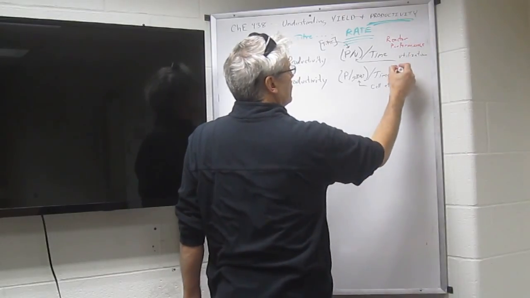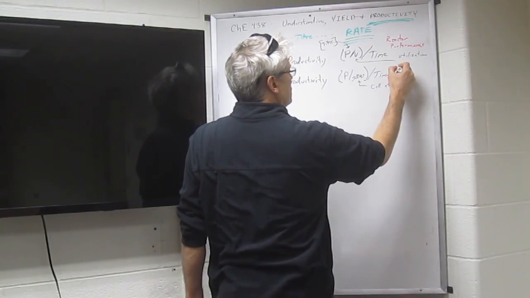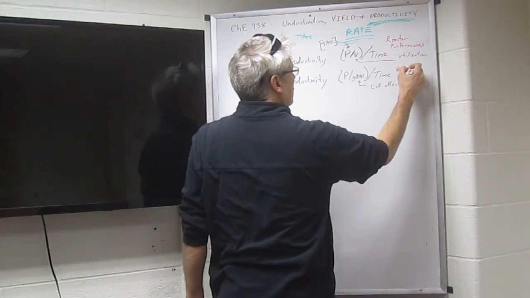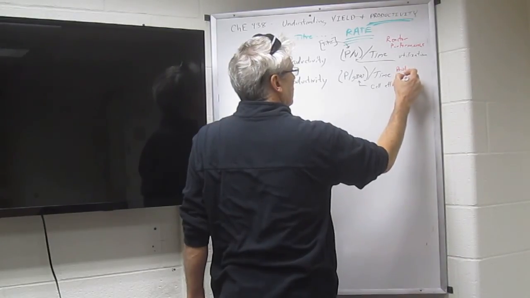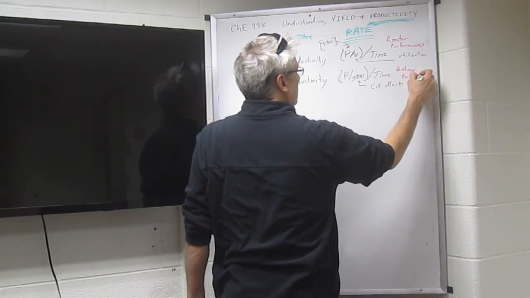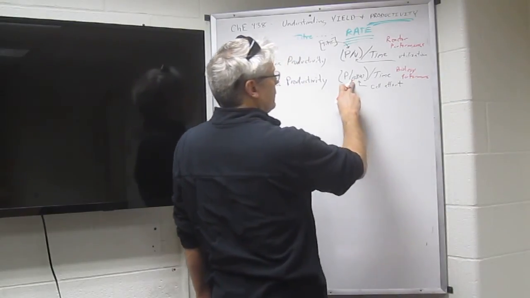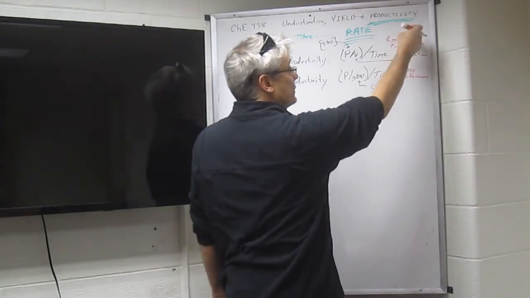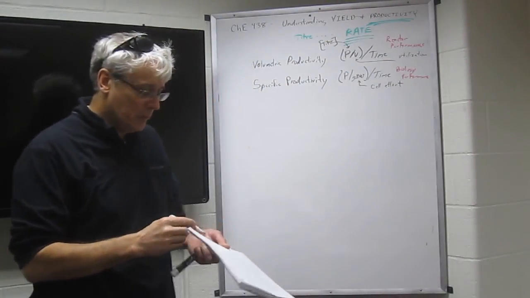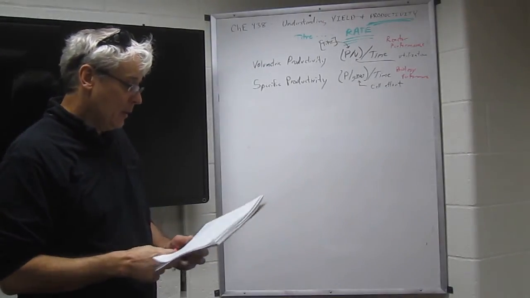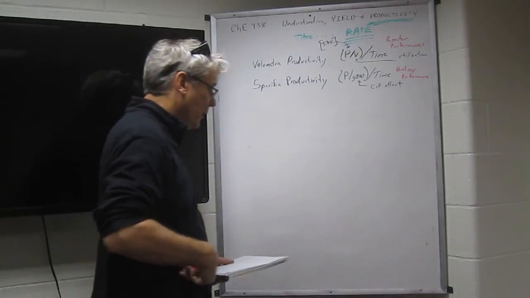And this one here will be biology performance. Obviously, a better performing biology with more cells in it will ultimately give you the better performance in the reactor, and ultimately that's the goal that you're going after.